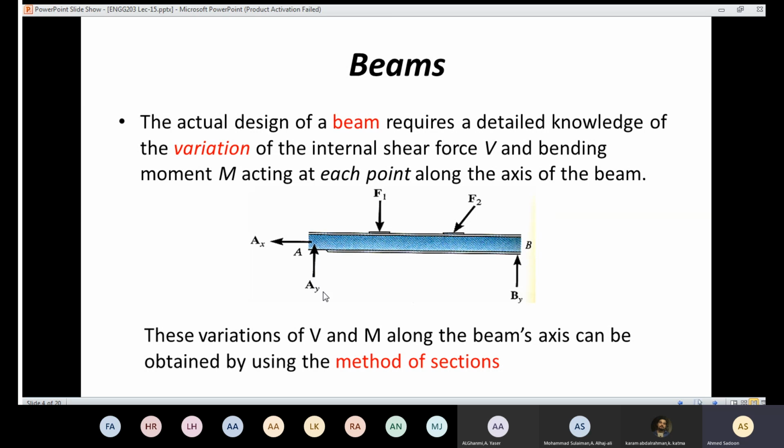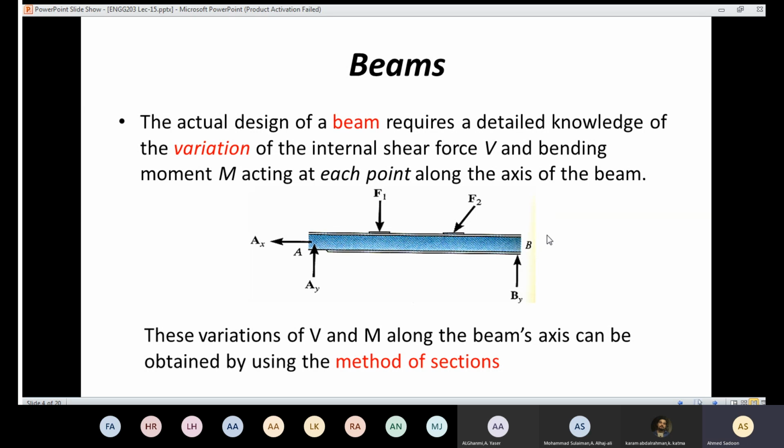And in order to do that, I need to know the variation of the internal forces, mainly the shear force and the bending moment. Last time we learned how to calculate the shear, the bending moment and the normal force at a specific point. For example, that point or that point and that point. But this time we need to know all the values along the axis of the beam.